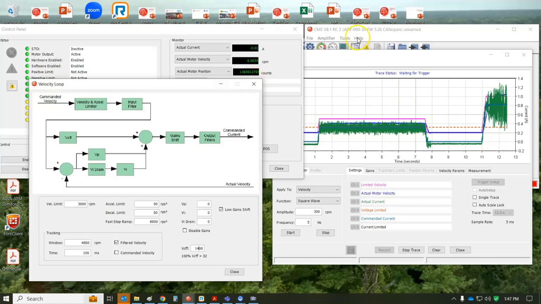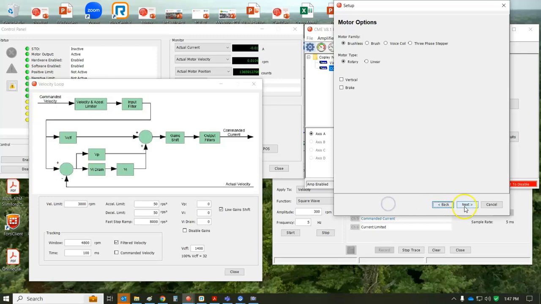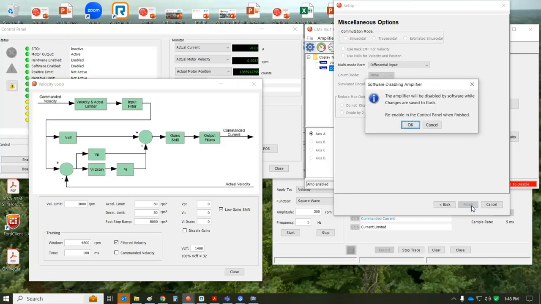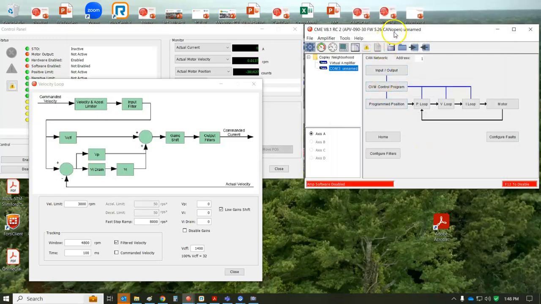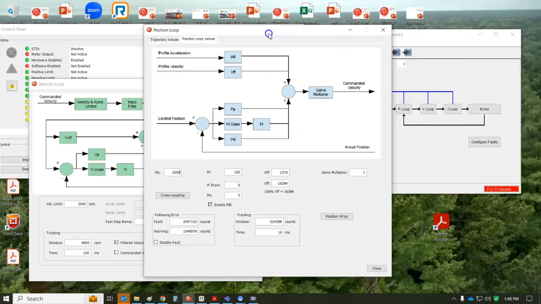So back to the practical application would be to put it in a position mode and tune up the PID, rather than just the velocity loop surrounded by a position loop without the integral and derivative terms.